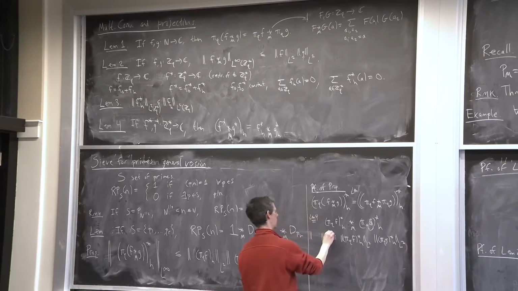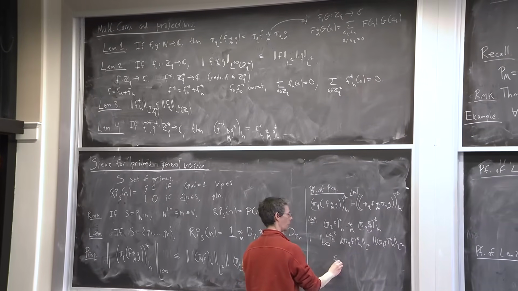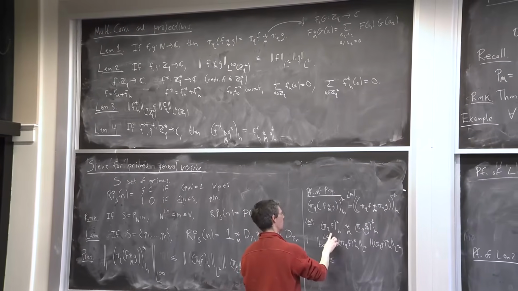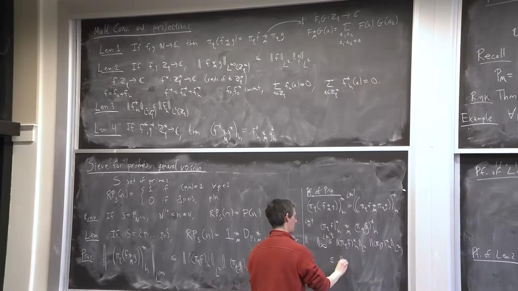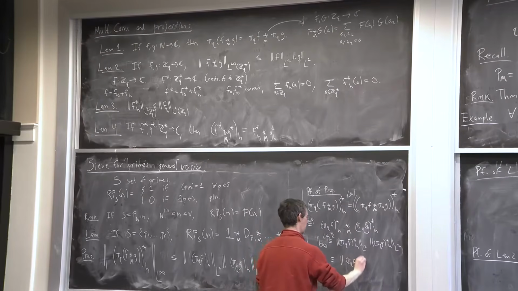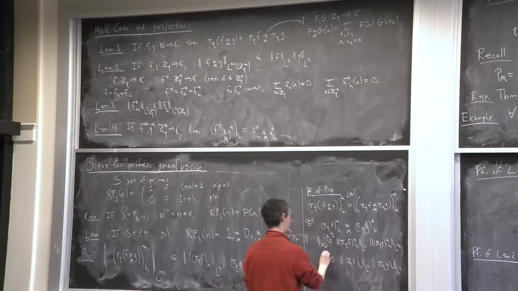That's lemma 3. And then that's lemma 2, bounded by just pi q of f high L2, pi q of g high L2. And that's lemma.